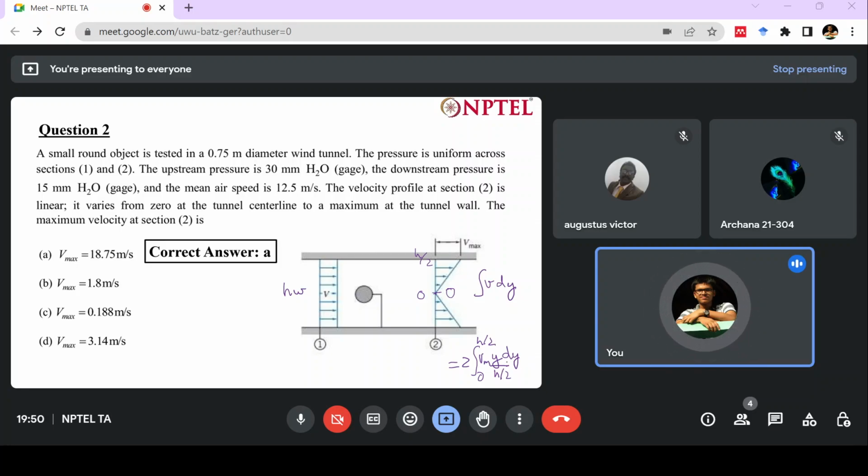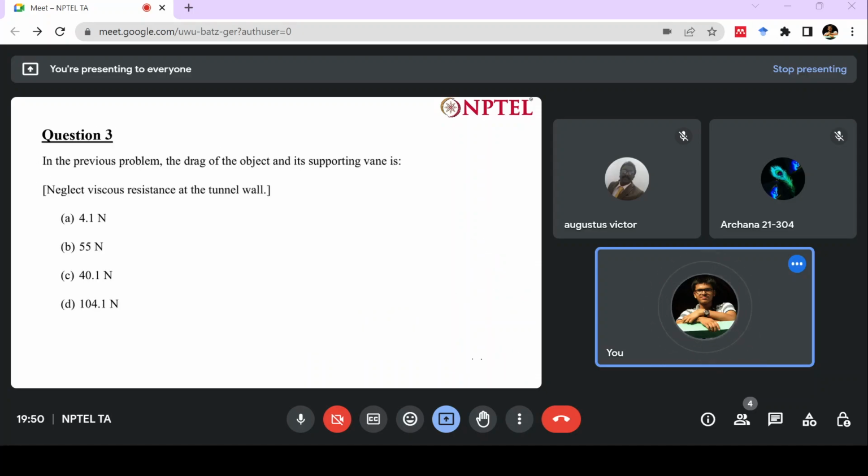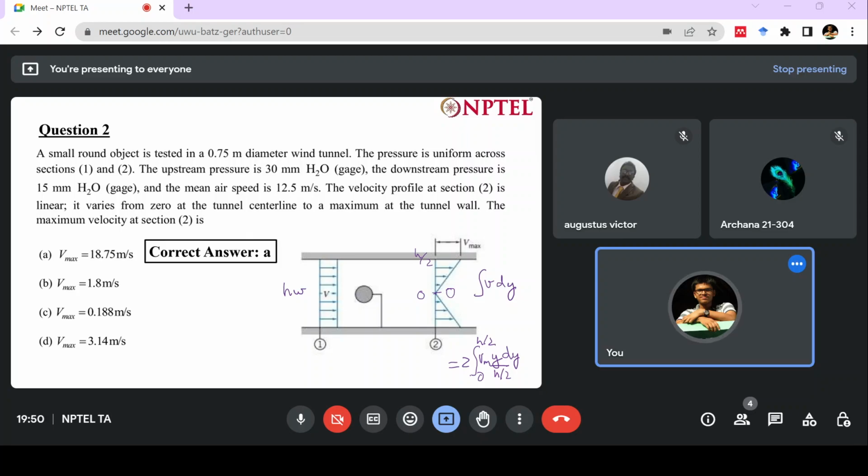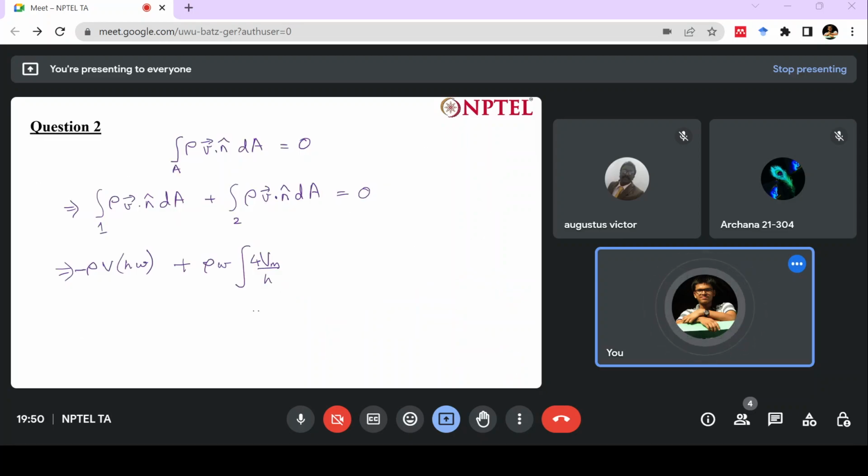So we have to integrate this. Let me write this down here. W and rho we had taken out. This would have been V y dy, and for V of y we have the expression: a 2 upstairs and h by 2 down, so this will be 4 V max by h times y.